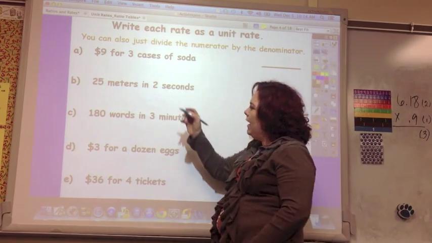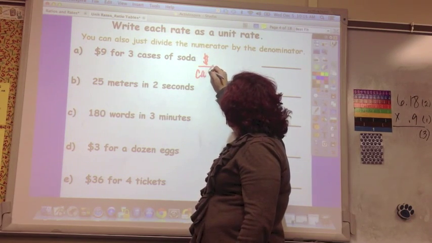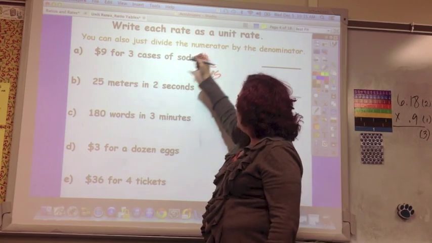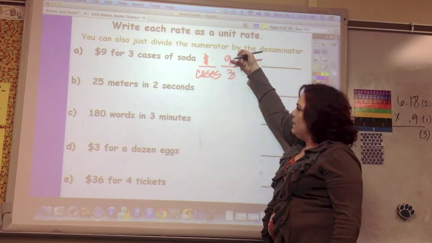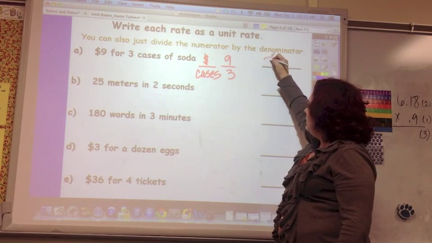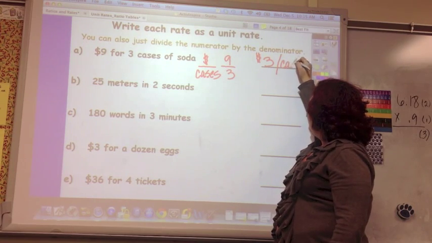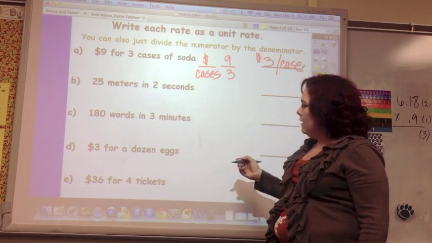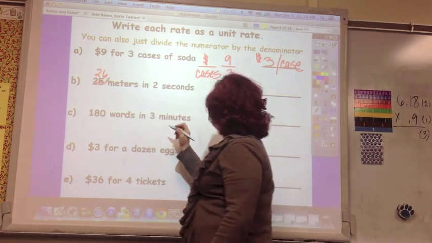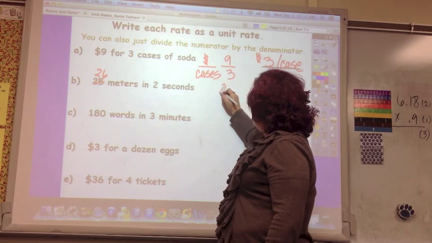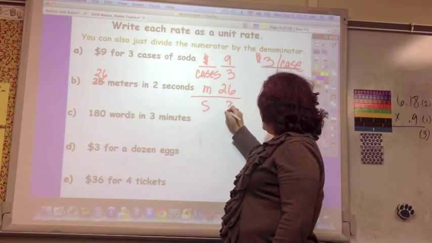So if you have dollars per cases, $9 for 3 cases. Then you just divide. 9 divided by 3 is $3 for 1 case. And then let's say this is 26 meters in 2 seconds.